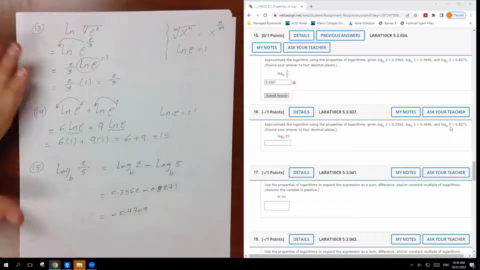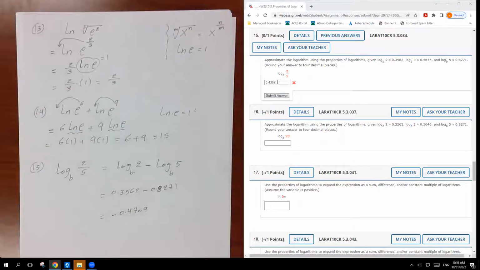So this is the result. That's why we got it wrong here. Negative 0.4709.